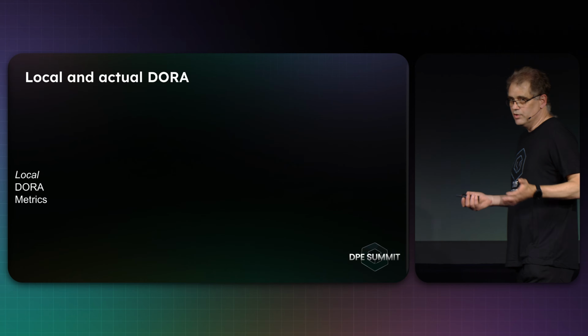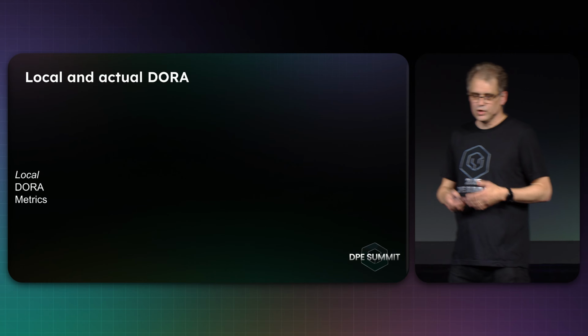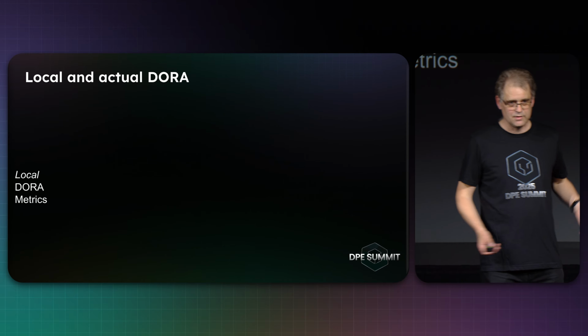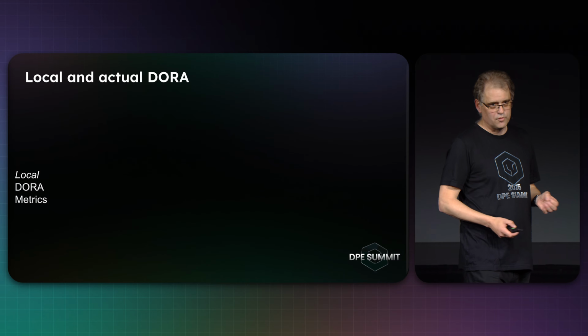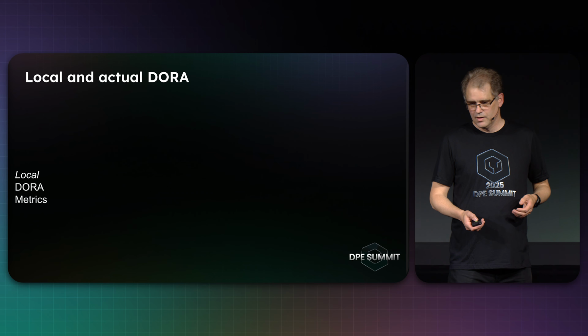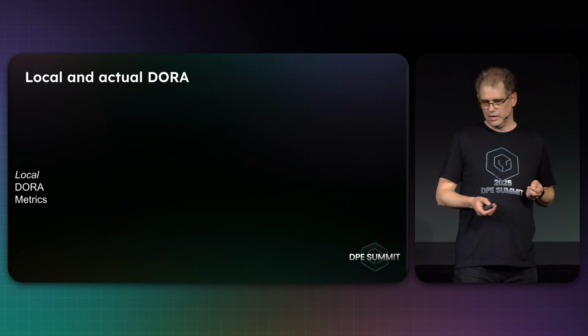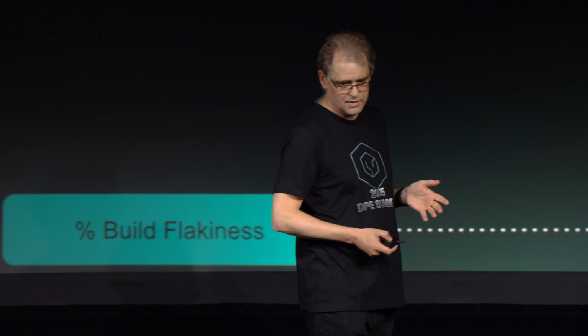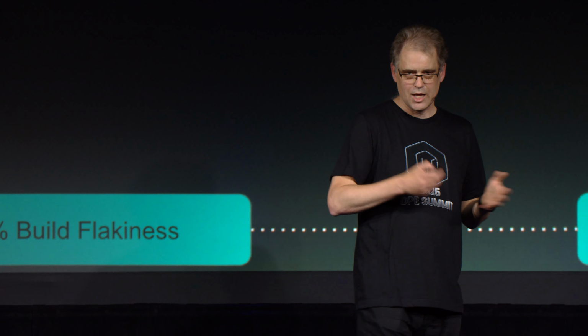At Gradle, as you know, we work with a lot of customers who use Develocity to accelerate, troubleshoot, optimize, govern, and observe the development processes. And we have noticed something interesting. There are some metrics which are powerful proxies for DORA. The first one is build flakiness. It's kind of an equivalent of reliability.